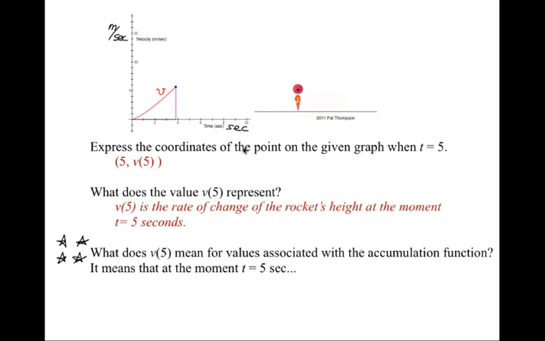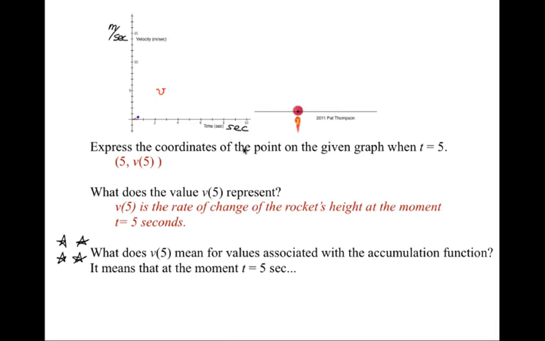I can't hear you, sorry. Can you talk a little louder? Behind him, you were animated. Tell me, yeah, behind him in the corner. What's your name? Okay, what do you think v of 5 means?